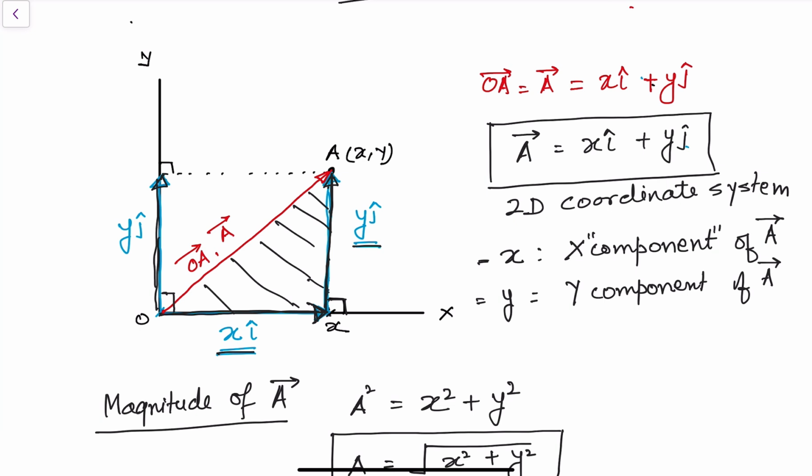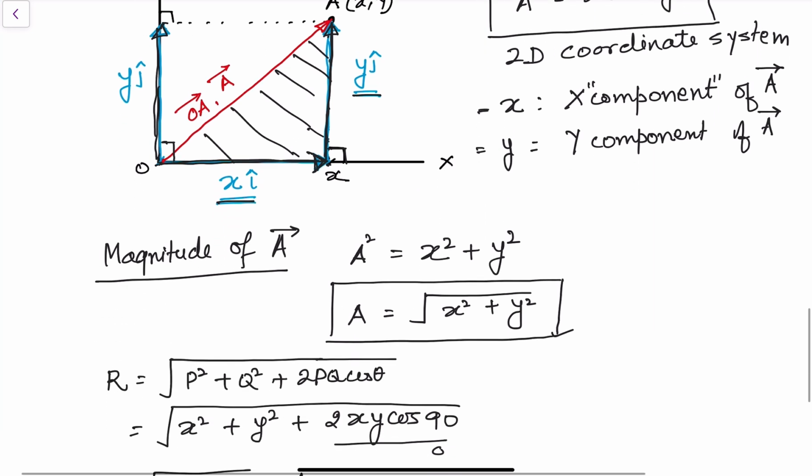The sum of the two, remember, they are kept in triangle law formation. On the head of x i cap, we are keeping the tail of y j cap. So you can add them and you get the resultant, that is the diagonal vector. This is the 2-dimensional representation of the vector.